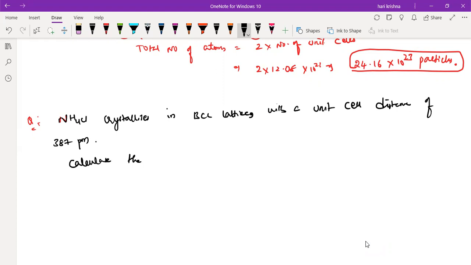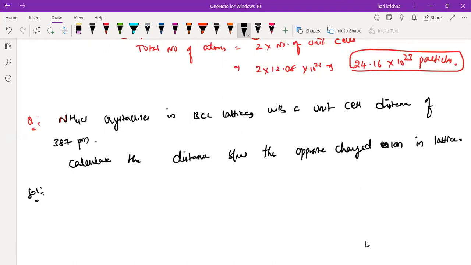Calculate the distance between the oppositely charged ions in the lattice. What is the answer?